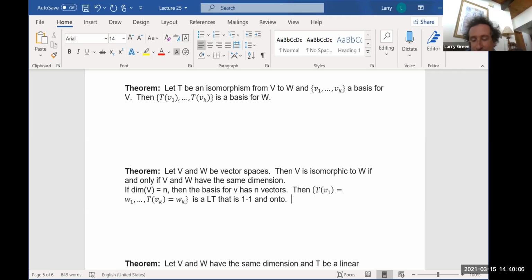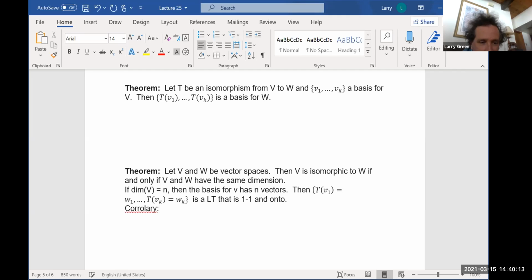So here's a nice thing. Here's a corollary, which the book doesn't write, but it should. Maybe it does in another section.